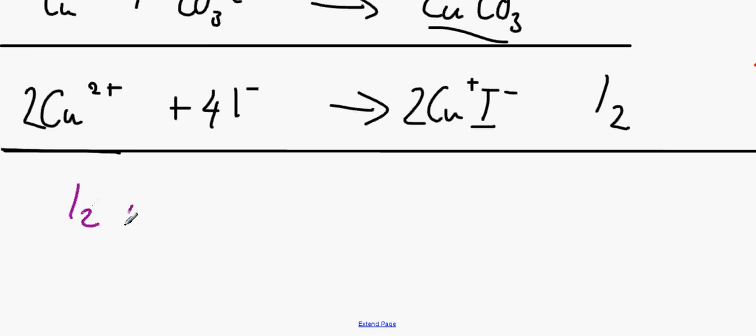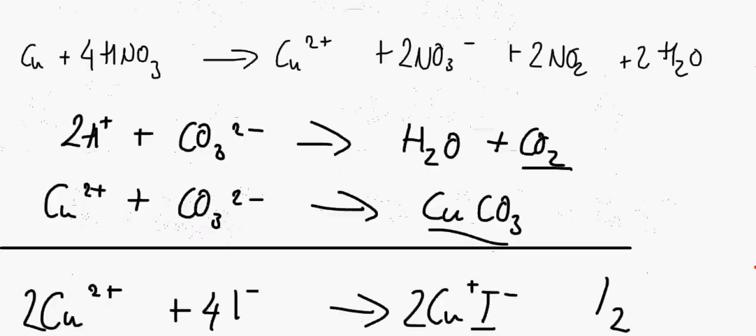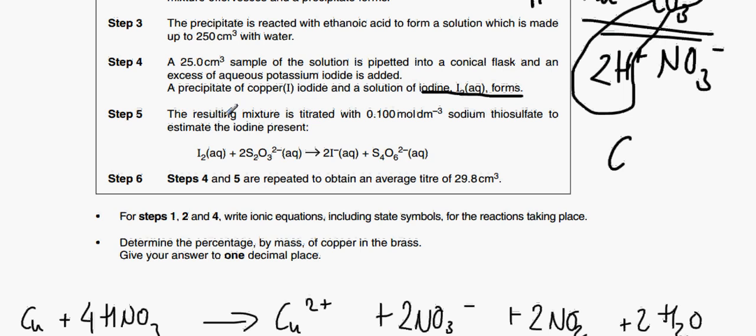So it'd be I2 plus 2 S2O3 2 minus, to make 2I minus plus S4O6 2 minus. This is something that you do need to remember. Luckily, it is in step 5 over here.